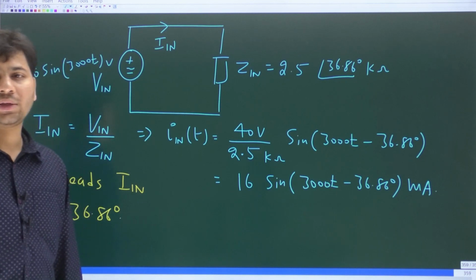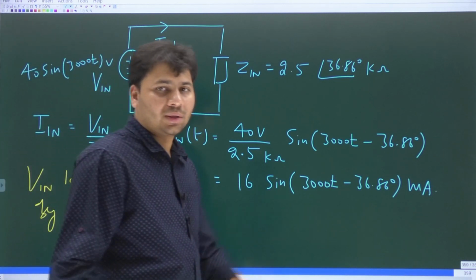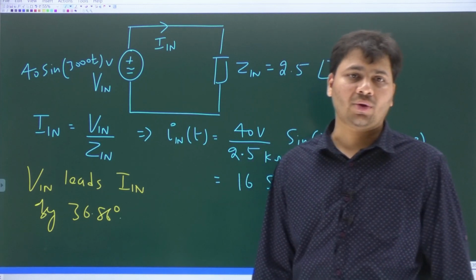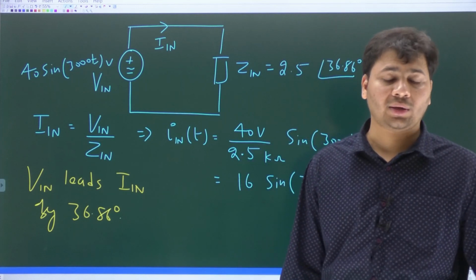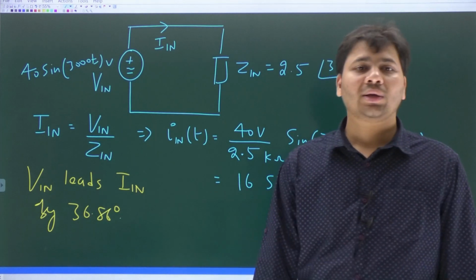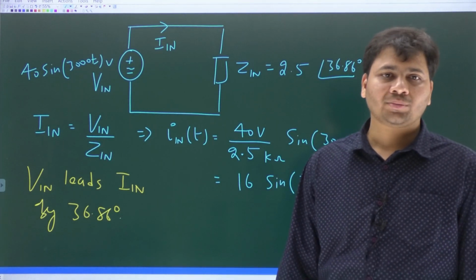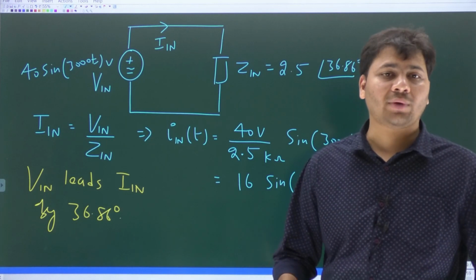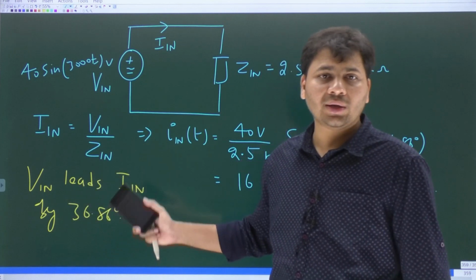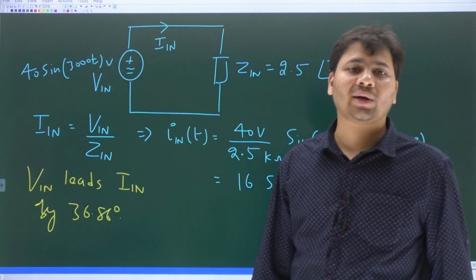So the overall nature of the yellow color network is inductive, because the input voltage is leading the input current. Yes, it is not purely inductive. Had it been purely inductive, then the input voltage would lead the input current by exactly 90 degrees.